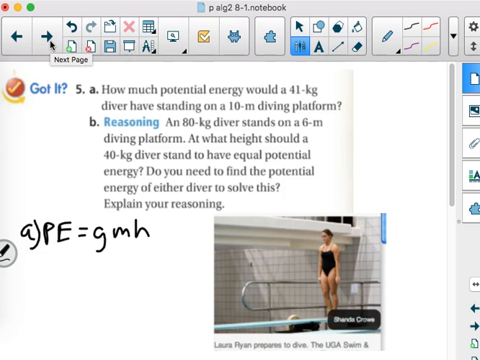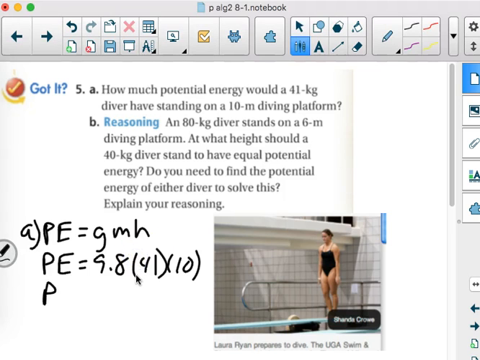With your partner, find out what you get for a 41 kilogram diver standing on a 10-meter diving platform. Find the joules. How many joules?